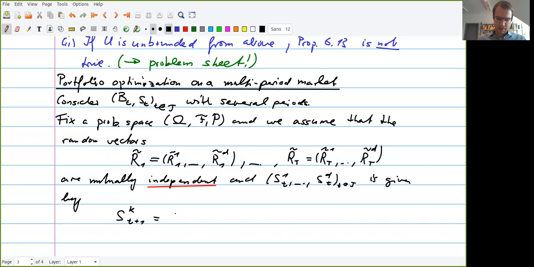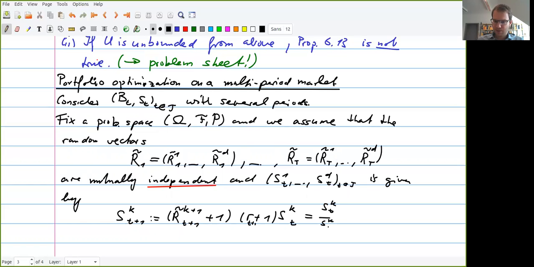So the price at time t is given by this recursion. Where does this definition come from?